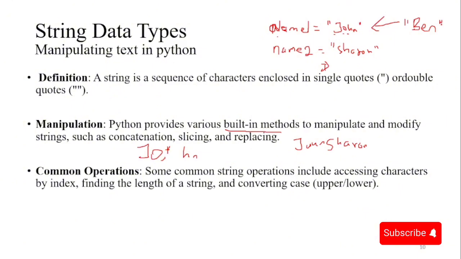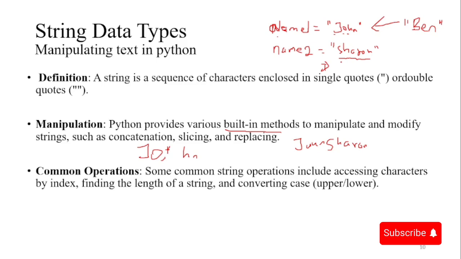So some common operations we have include converting a string from uppercase to lowercase. For example, I can convert Sharon to uppercase, meaning S uppercase, H uppercase, O uppercase, R uppercase, and all the letters to uppercase. Or I can get these in lowercase, S lowercase, H lowercase, O lowercase, and all the other letters in lowercase.